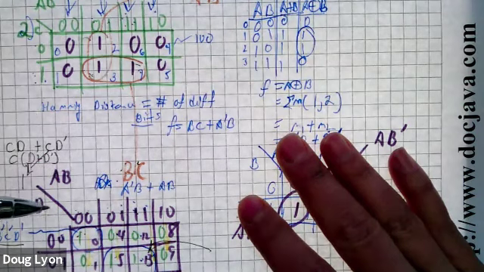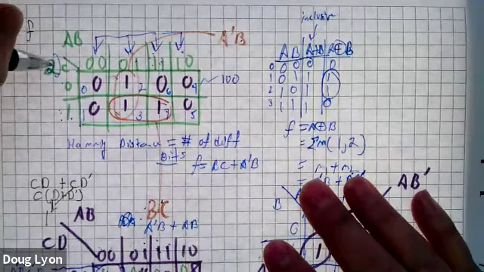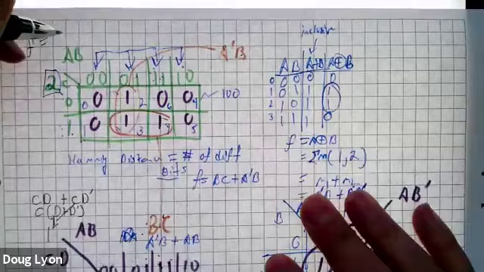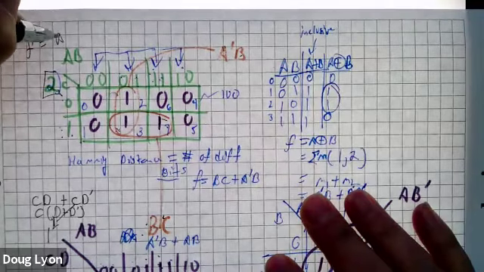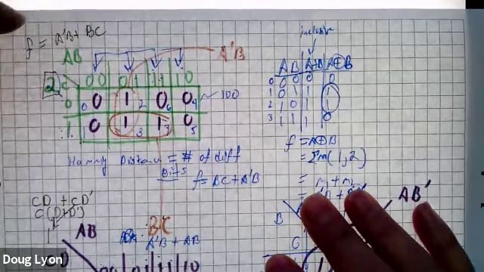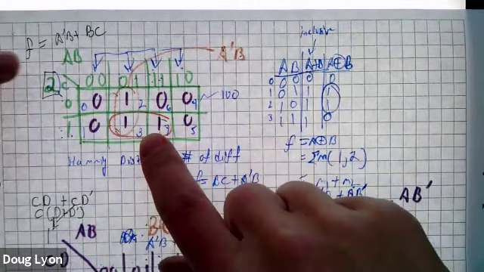That is uninverted. By the way, this is question 2 in homework 4. F equals A prime B or BC. So that gave us a minimal sum of products. This is minimal.